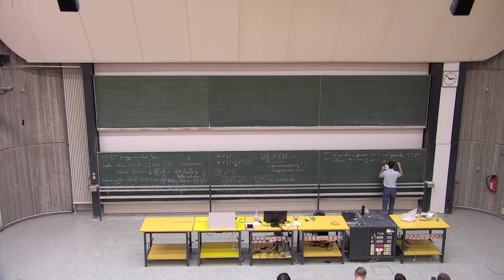Q mu sigma nu must be equal to minus, so antisymmetric with respect to the two upper indices, Q mu sigma nu. See, I flipped these two. This guy and this guy identically satisfy this representation. Okay, so it's not unique, just to have the full picture.